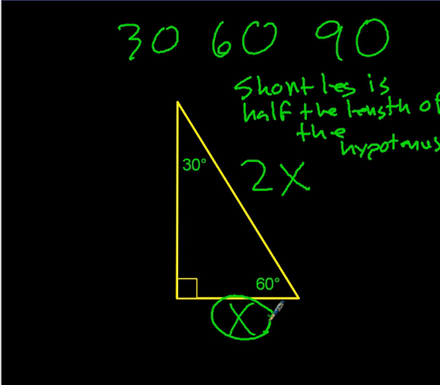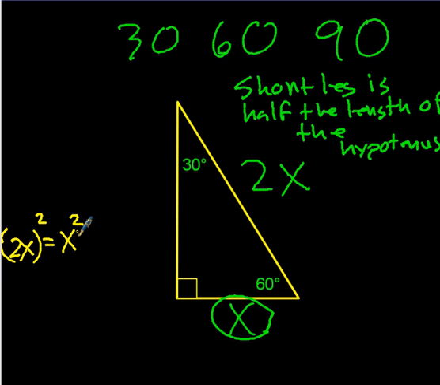Okay, and so I'm going to work over here in yellow. You can see it's a little bit different. So the Pythagorean theorem, I have the hypotenuse is 2x, so I have 2x quantity squared equals x squared. This time I am going to use a variable.